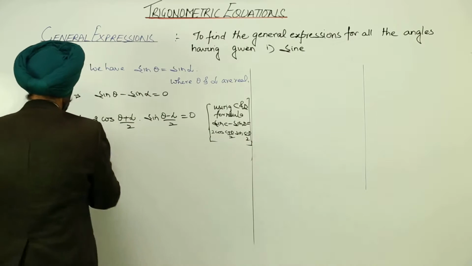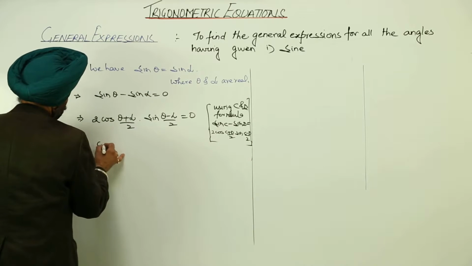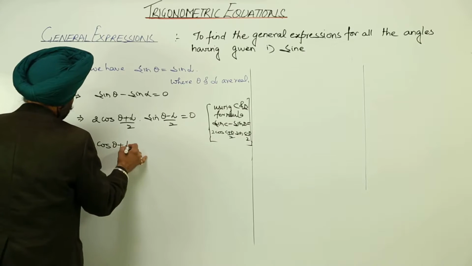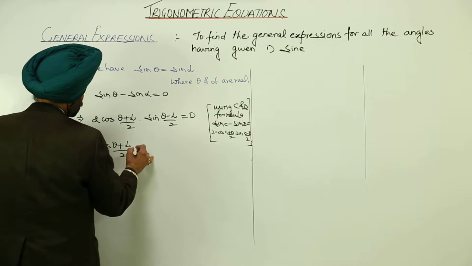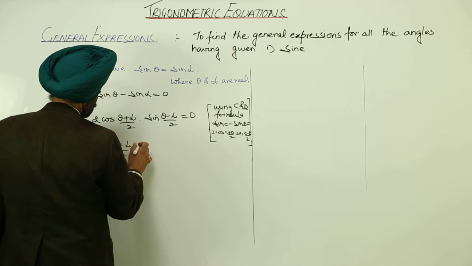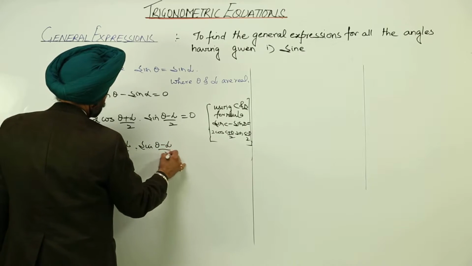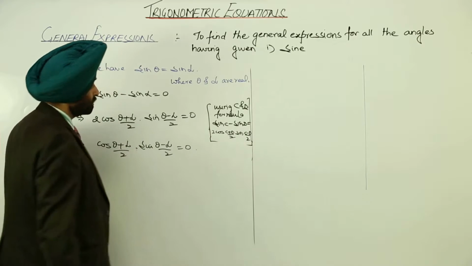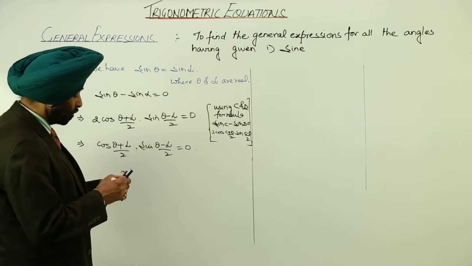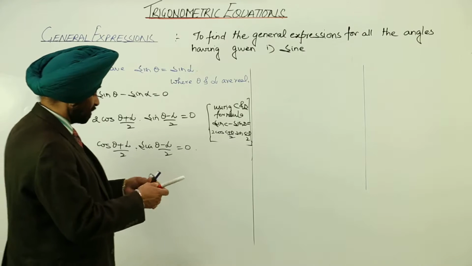Now further, cos of (theta plus alpha) upon 2 times sin of (theta minus alpha) upon 2 is equal to 0. Here we have two possibilities. What are the two possibilities?